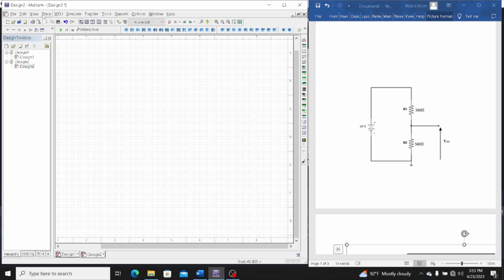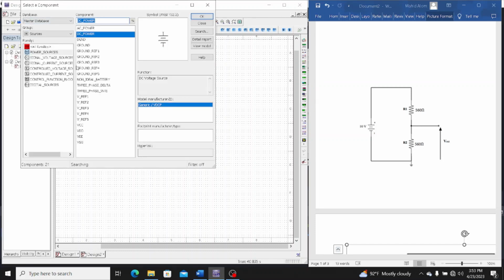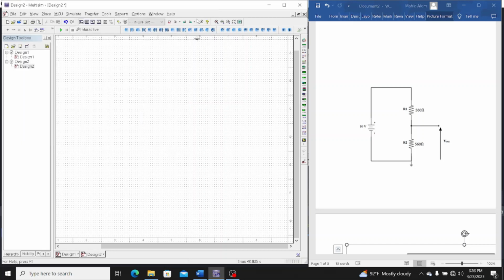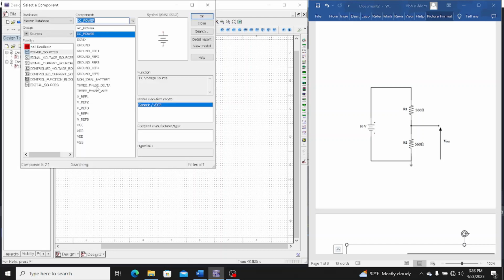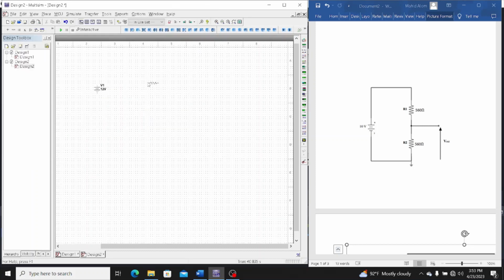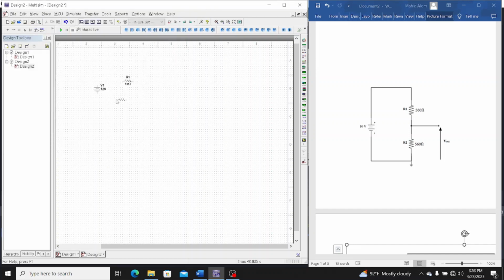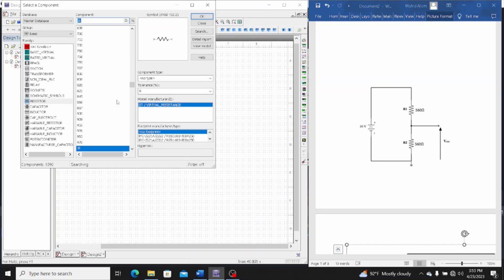So I am going to place component on voltage source. Then I need to take resistors, basic resistors, two resistors. Then I need to take one variable resistor, I mean potentiometer.